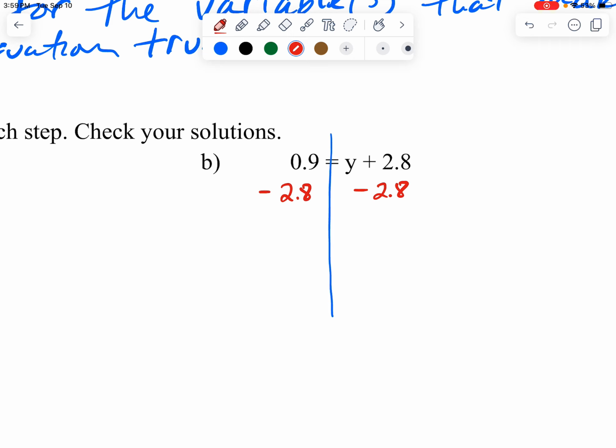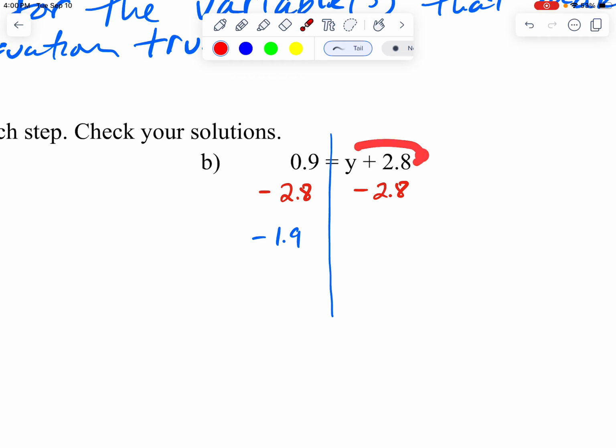So at this point, you may want to use a calculator. We've got decimals. If we take 0.9 and we subtract 2.8, you're going to end up with negative 1.9. So on the left, we've got negative 1.9. On the right, we just have y. Right?